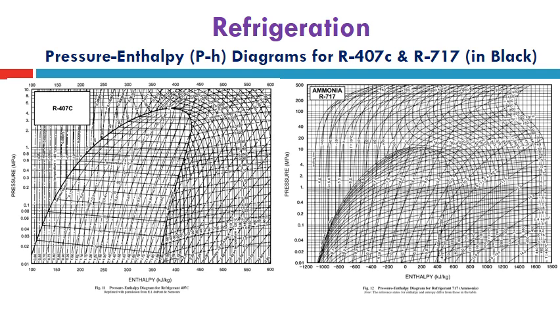The constant S lines are shown in this direction for R717 and in this direction for R407C.